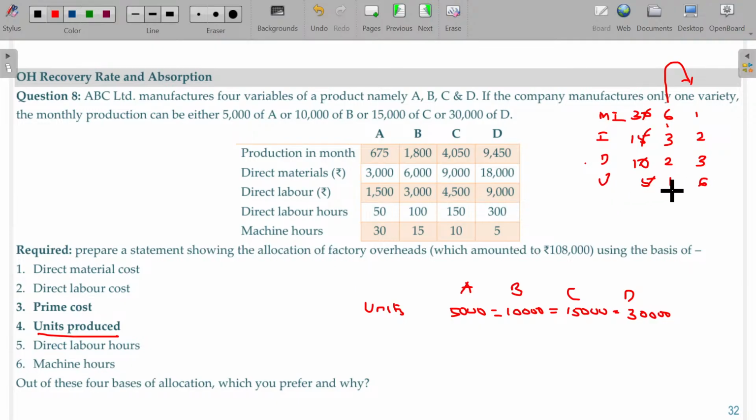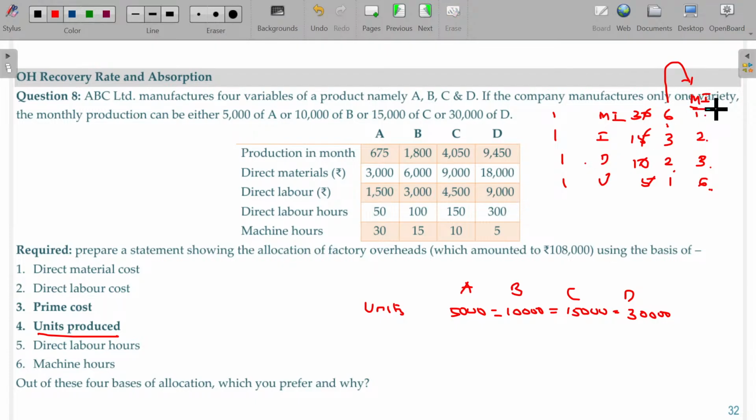So 1 uttapam is equal to 6 mini idlis, 1 dosa is equal to 3 mini idlis, 1 idli is equal to 2 mini idlis, and 1 mini idli is equal to 1 mini idli. Sorry, I am confusing you.